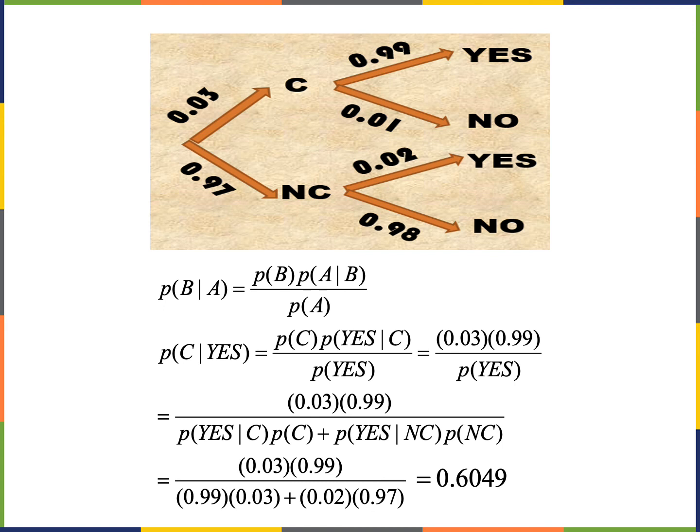So P of yes given C times P of C, plus the probability of yes given no cancer times the probability of no cancer. Because we have to multiply these two, that's 0.99 times 0.03 plus 0.02 times 0.97. This represents the entire probability of getting a yes, okay? Then when you plug this in, you get 0.6049, and that is how you use this.